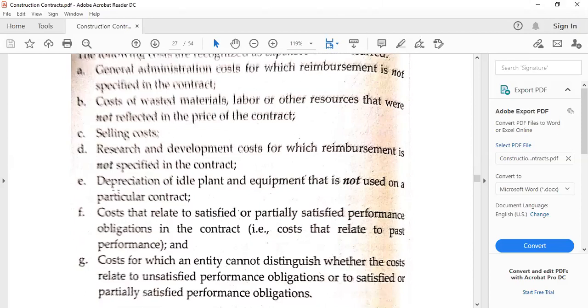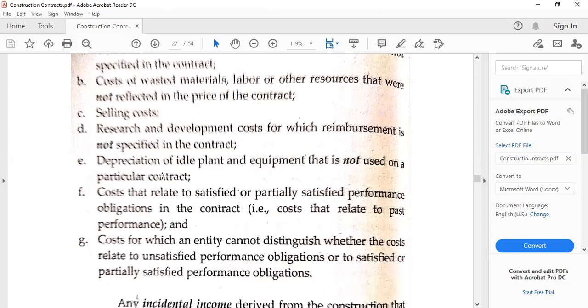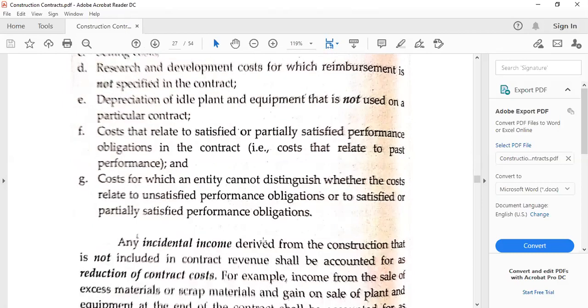Selling costs, research and development, then depreciation, for example, of idle plant and equipment that is not used in a particular contract. We can actually summarize this by saying that if they do not relate directly to the contract, then because they are not going to contribute to the completion of the contract, they should be expensed immediately.